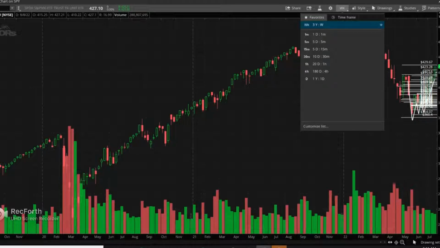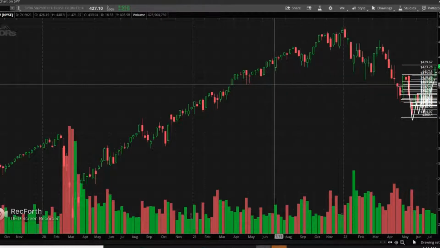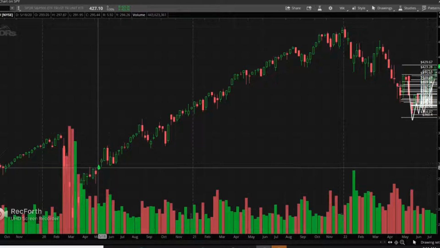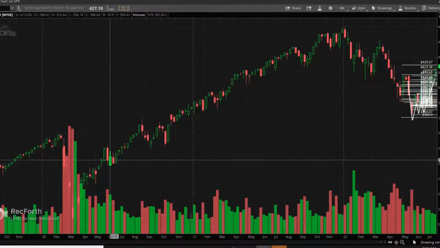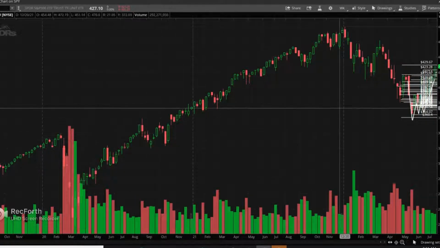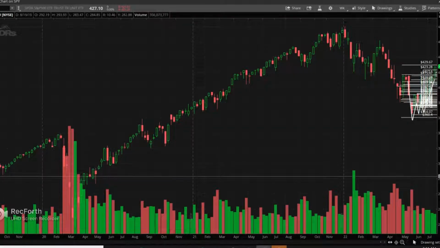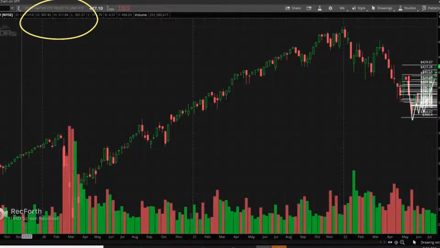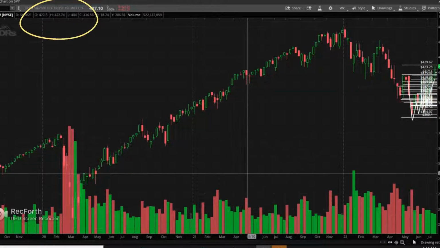The weekly time frame is a chart showing 3 years' worth of price movement in weekly increments. So each candle represents a week's worth of movement on SPY within the last 3 years. If you hover over the candles, all the information comes up right here.